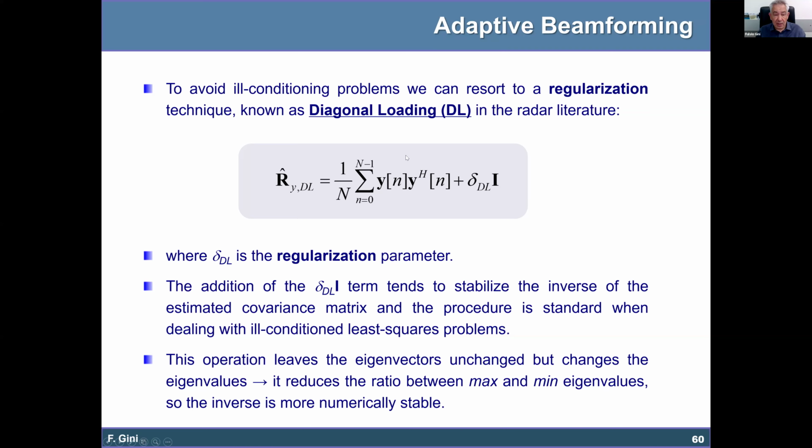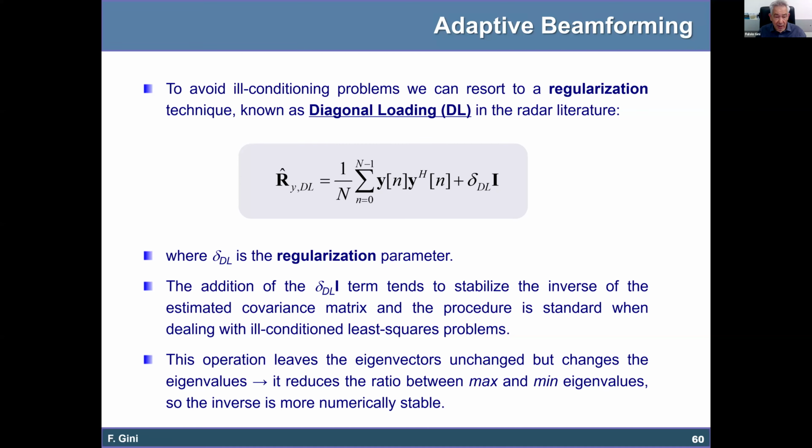When you estimate the covariance matrix, so when you implement the sample covariance matrix, after the estimate, you add this term delta, which is the loading factor, on the main diagonal. That's why the technique is called diagonal loading, because you add something deterministic that does not depend on the data on the main diagonal.